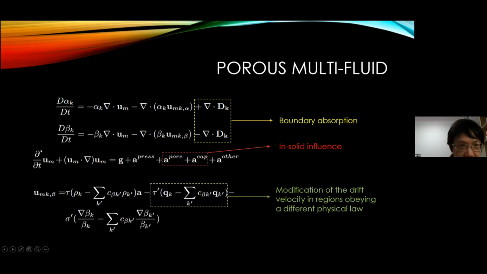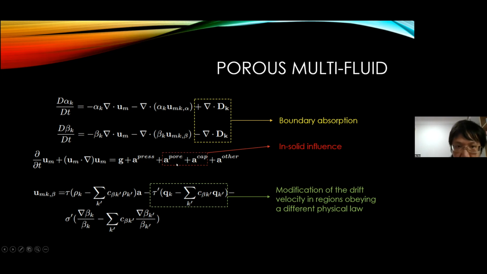So these are the equations. The first two are the continuity equations, very similar to the original mixed model, and the last term is the boundary absorption flux. The third equation is the momentum equation of the particle, and there are several acceleration terms in addition to the gravity term. The second one is the pressure term in the outer region.